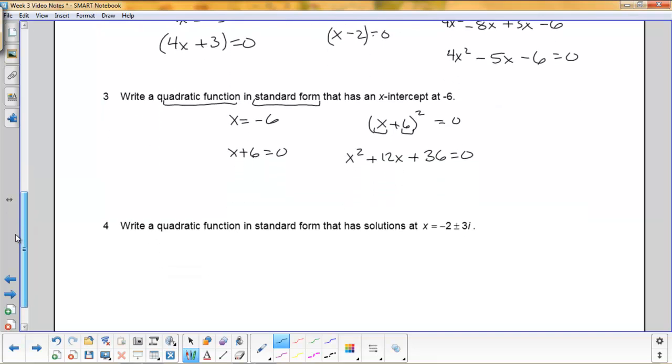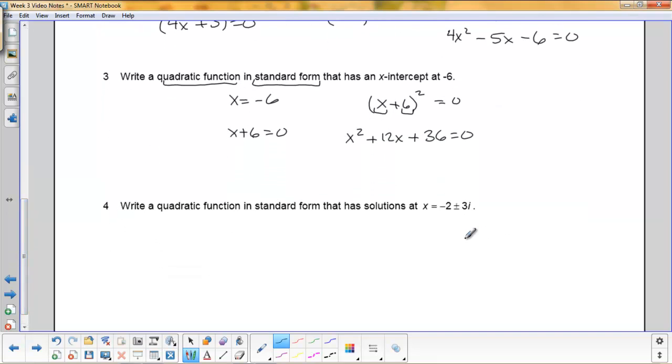All right, now we're going to get into the imaginary solutions, and we'll talk about this a little bit differently. Instead of using factoring, we're going to use properties of squares and square roots to help us out here. So I'm going to go ahead and add the real part back to the other side of the equation, and that gives me x plus 2 equals plus or minus 3i.